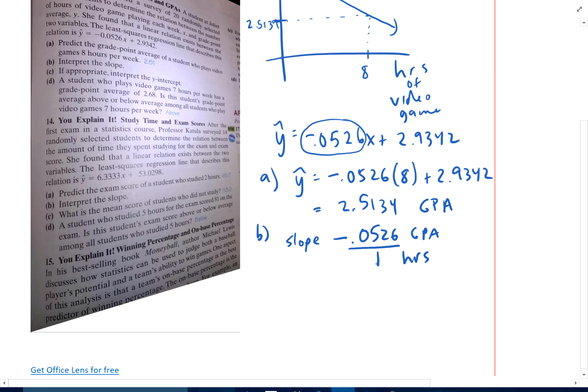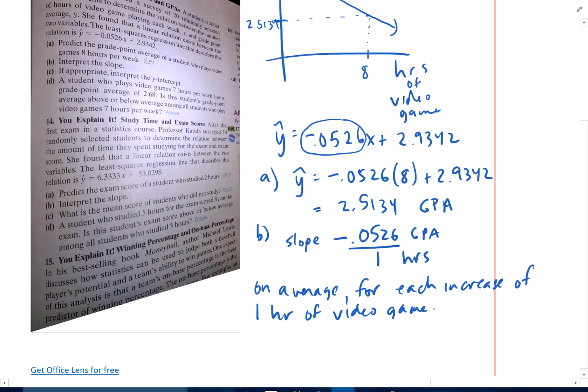So what that means is, on average, for each increase of 1 hour of video game time, there is a decrease, because it's negative, a decrease of 0.0526 in the GPA associated with that.